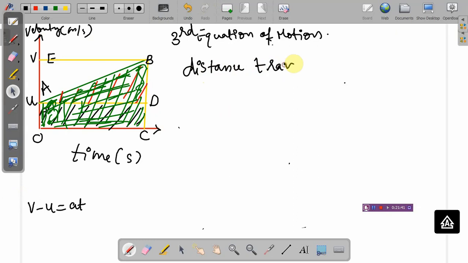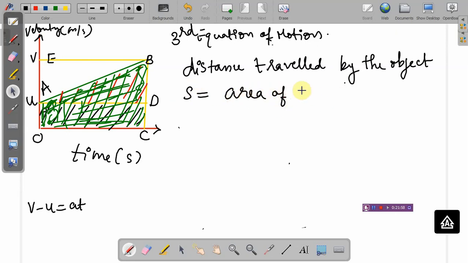Distance traveled by the object will be given by the area of the trapezium. What is the name of the trapezium? OABC, right? Now, how will I calculate the area of the trapezium? It is half multiplied by the sum of parallel sides multiplied by the distance between them, right?